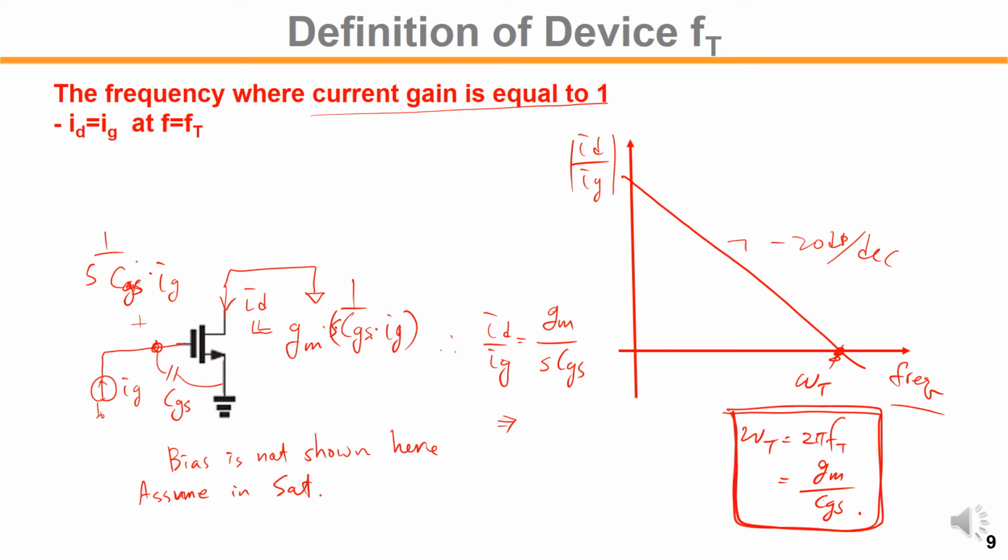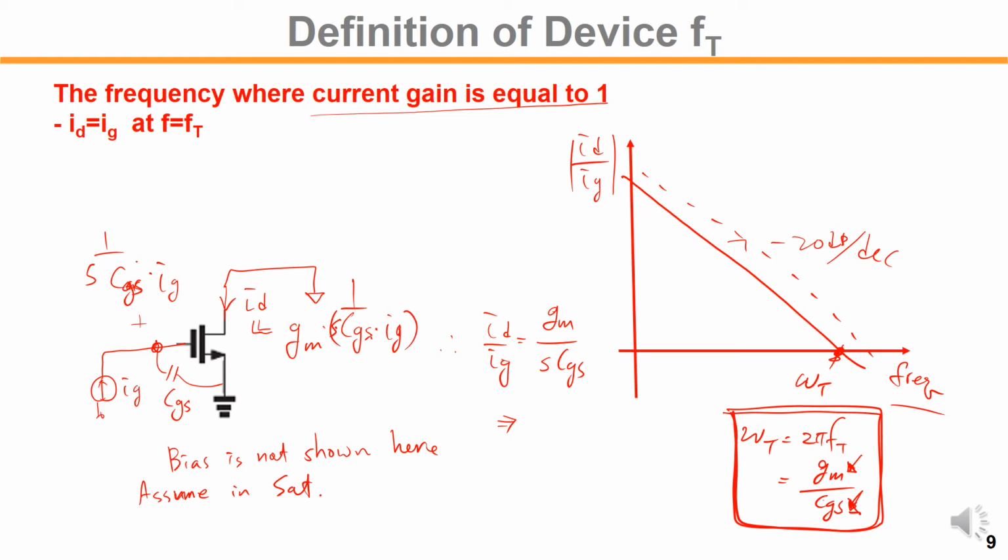So to maximize the ft, we have to reduce the CGS and maximize the GM, the transconductance. A small CGS and large GM lead us to the maximum current gain frequency.